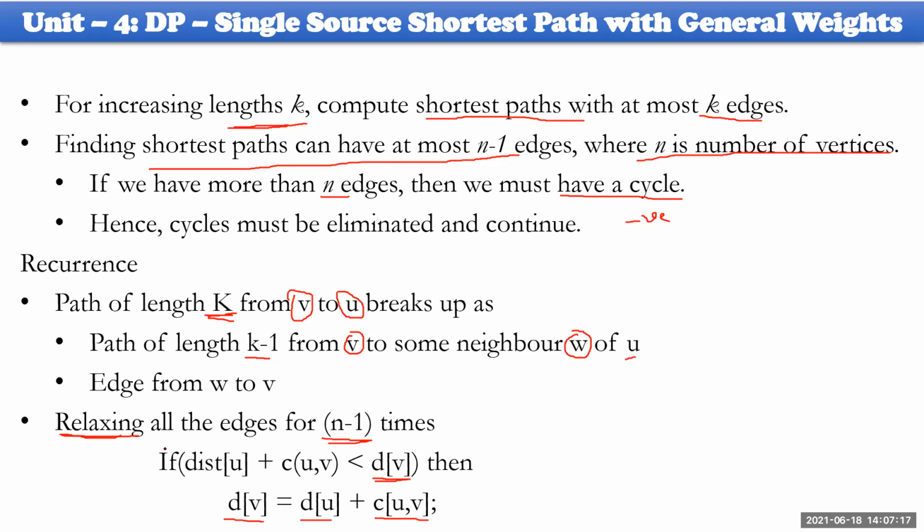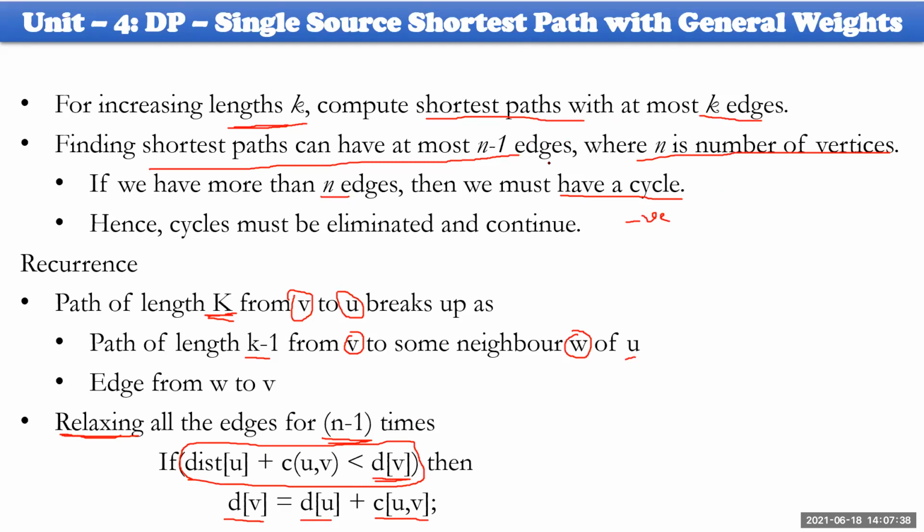If this condition is true, we make such a modification. If it is not true, then obviously the available distance is smaller than distance of u plus cost of u comma v.